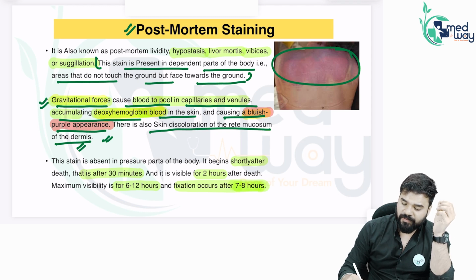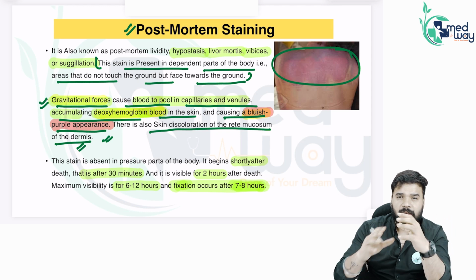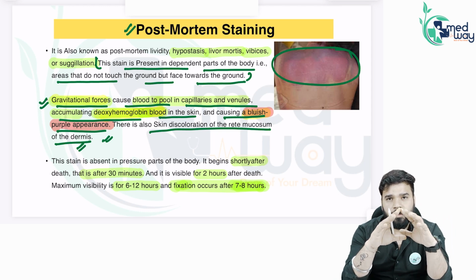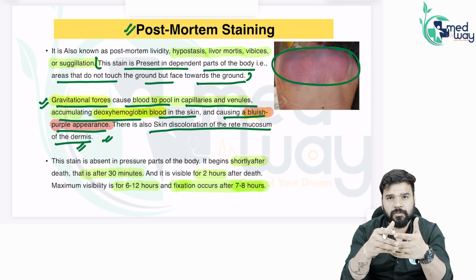Okay, what is fixation? Fixation is when PM lividity will be fixed. Okay, if you put pressure on the part where you see the discoloration on the skin, it will not go off.